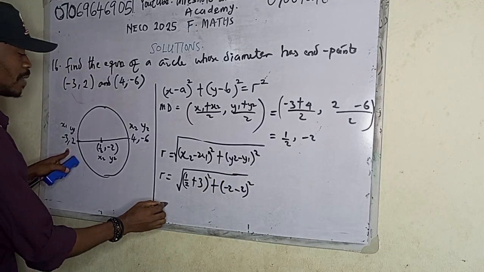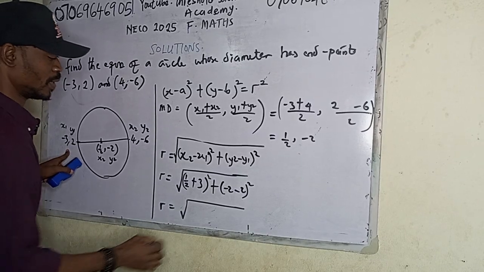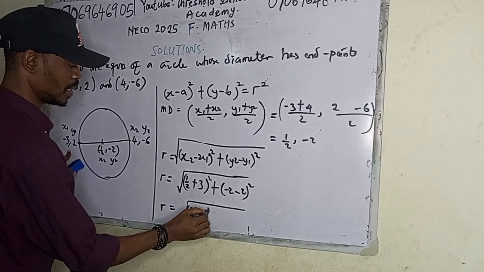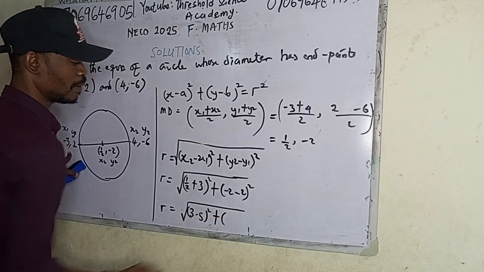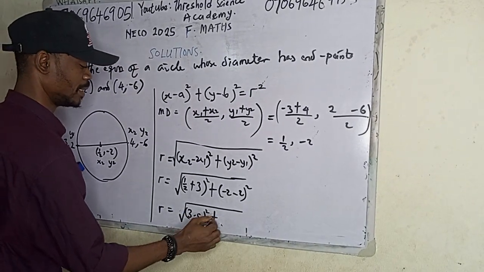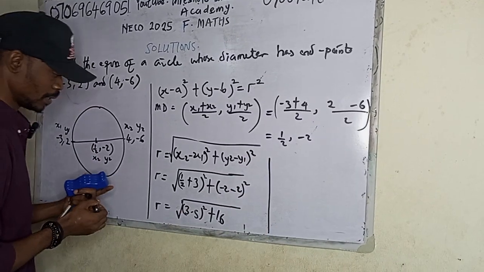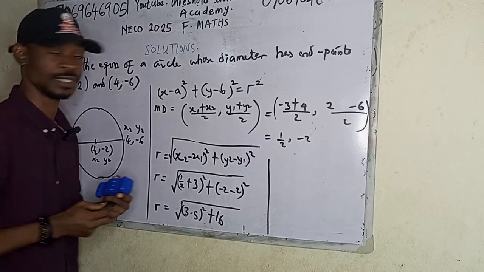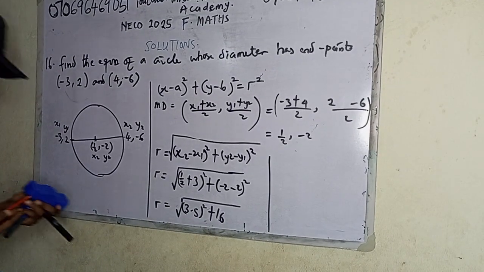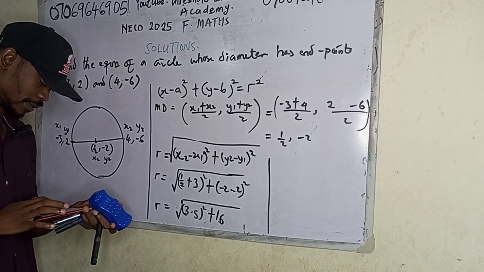All right, and my r is going to be the square root of 3 plus 1 over 2, that's 3.5, 3.5 all squared, plus -2 minus 2, that's -4, -4 squared is just 16. So I'm going to be using a calculator to calculate 3.5 squared plus 16. Let me quickly get my calculator. So 3.5 squared plus 16.